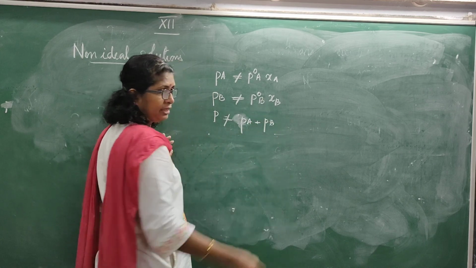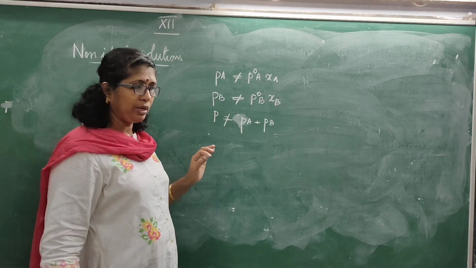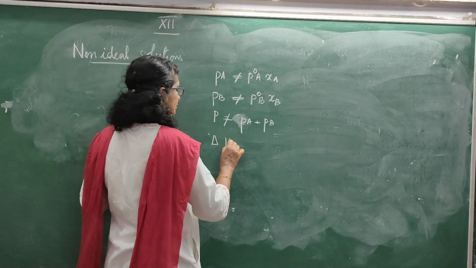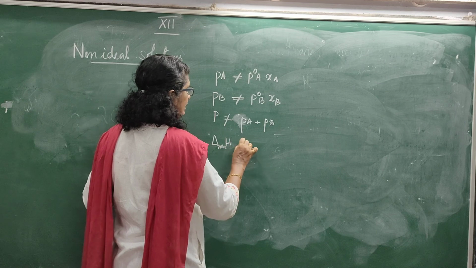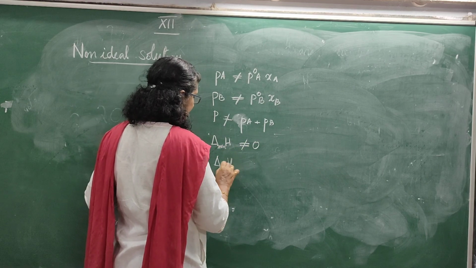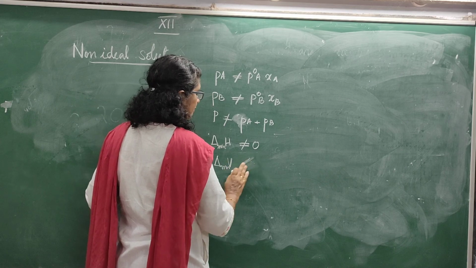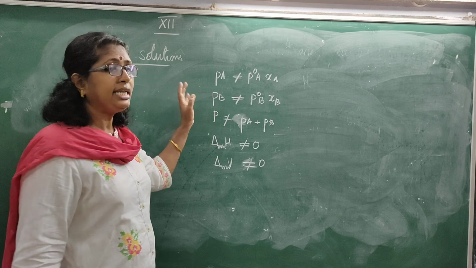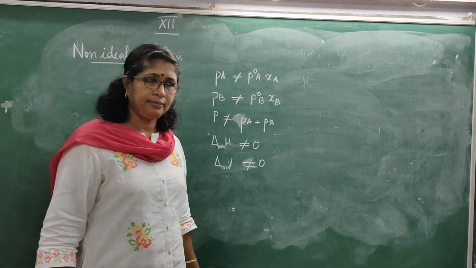Then delta H mixing, the enthalpy change during mixing, will not be equal to 0, and delta V mixing will not be equal to 0. So for non-ideal solutions this will be there.